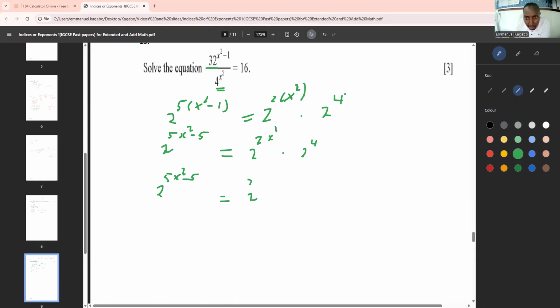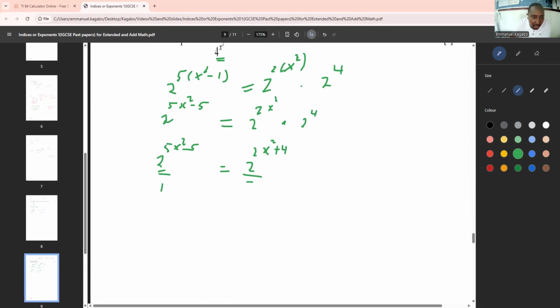2 power, by the way, let me. So here we are multiplying and the bases are the same, so I can add the powers, okay? Remember that. So it is 2x squared plus 4. Okay? Good. What do I have here now? So if bases are equal, powers are going to be equal.